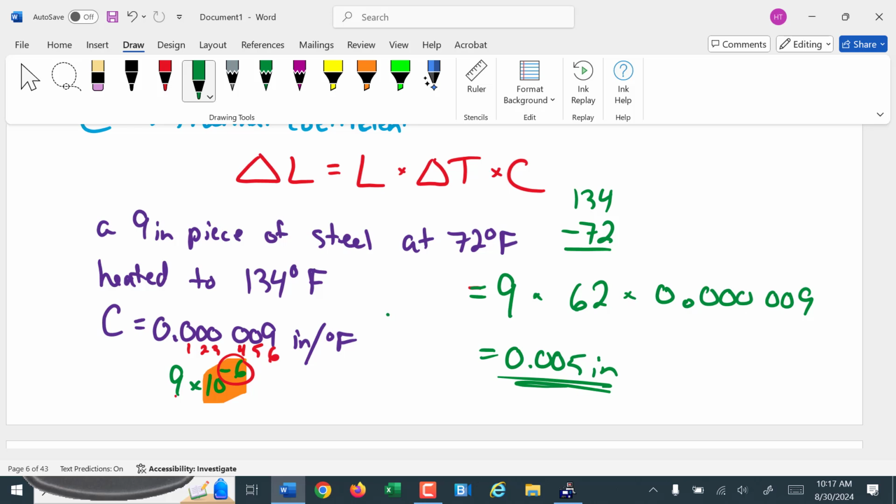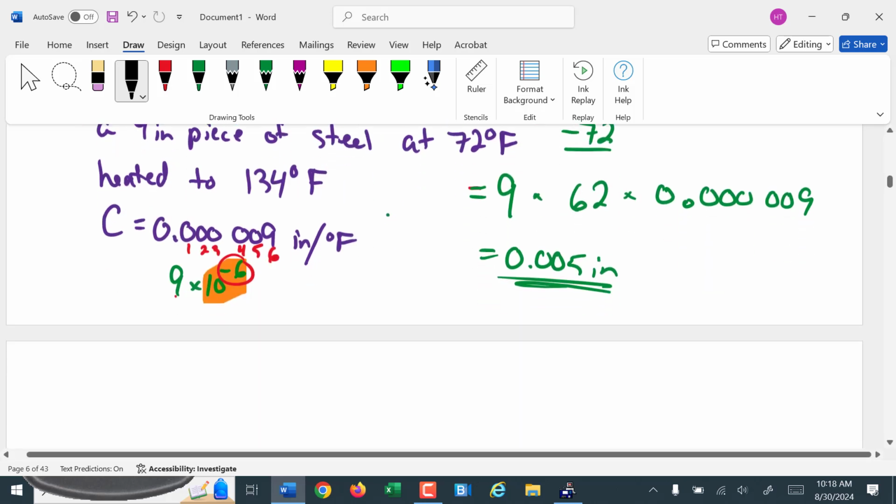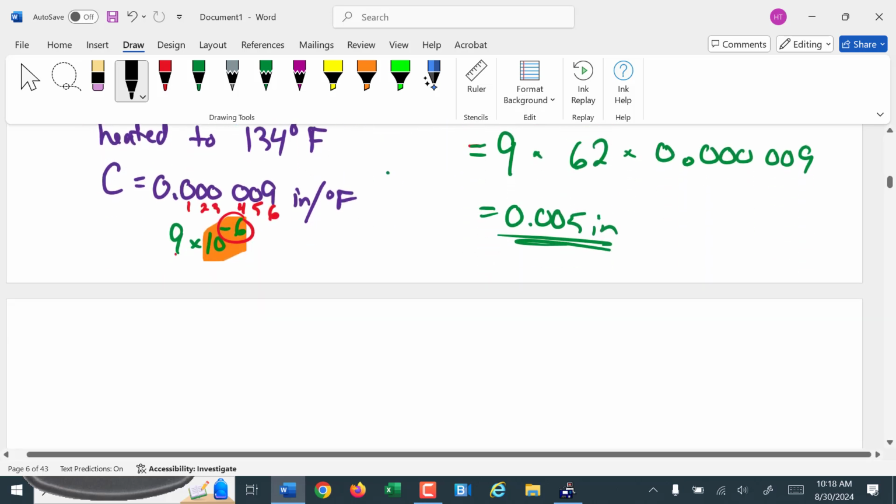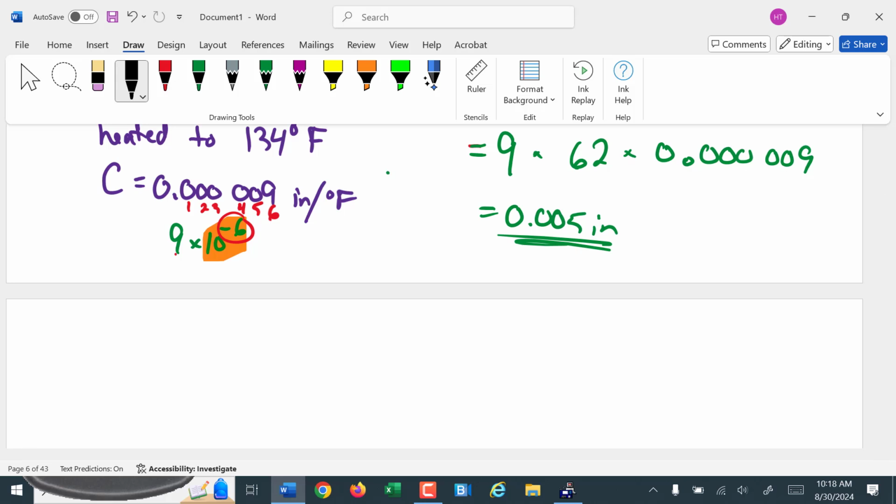So about 5 thousandths of an inch. Probably not going to be noticeable on a 9-inch piece of steel, huh?